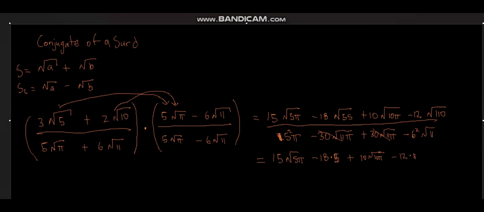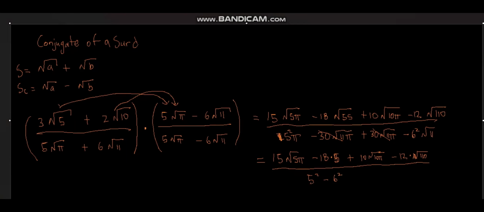And the denominator would just be 5 squared minus 6 squared.